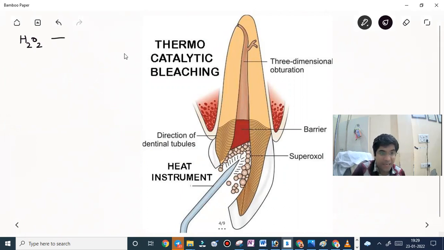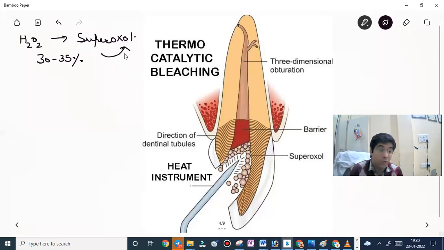It is available as superoxol. So remember, what is superoxol? It is a 30 to 35% stabilized aqueous solution. So the 30 to 35% hydrogen peroxide is known as superoxol.